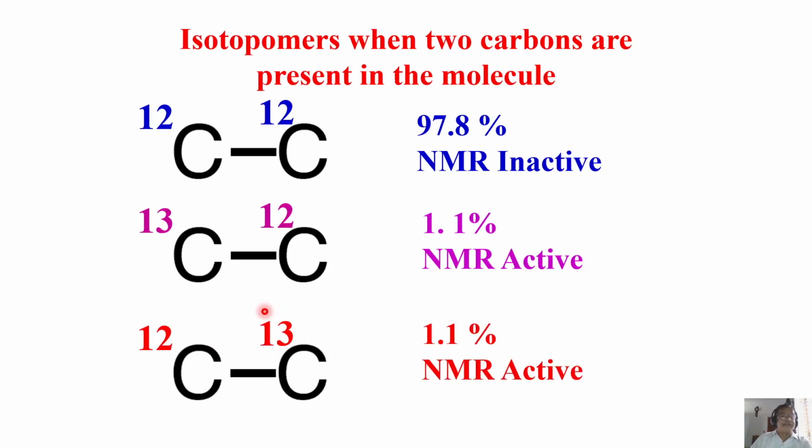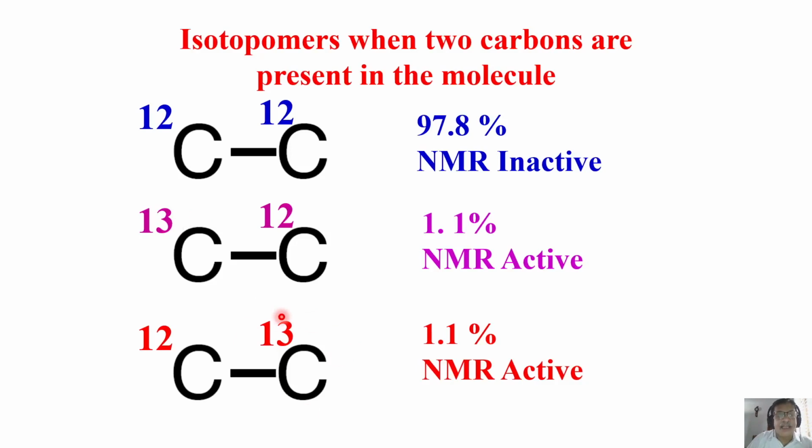That is also 1% abundant and NMR active. So in a molecule containing two carbons, 98% of the molecules contain carbon 12 and do not give us the signal at all. You will not get a carbon signal at all. Only this will give carbon signal. 1% of this isotopomer and 1% of this isotopomer will give signal.